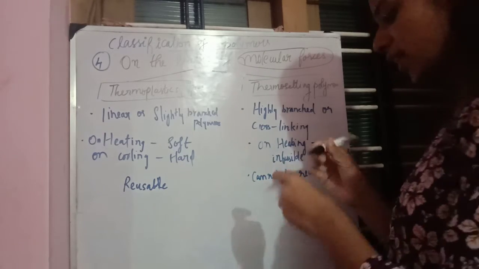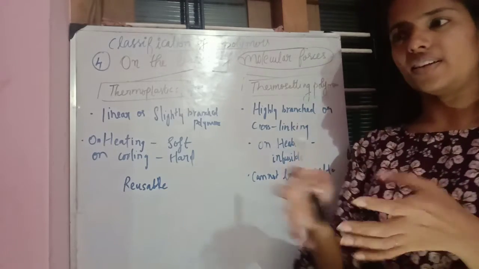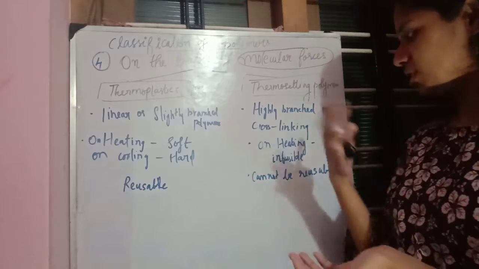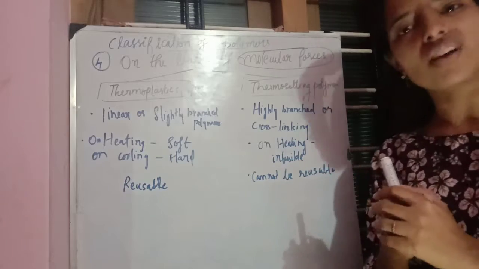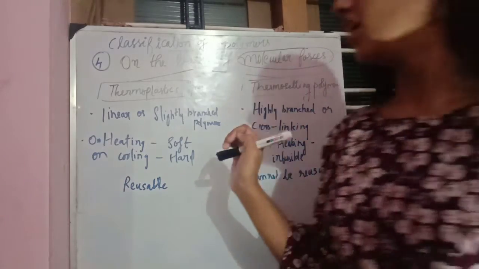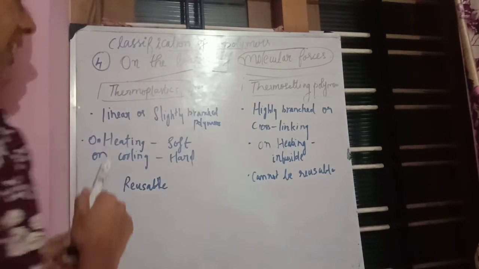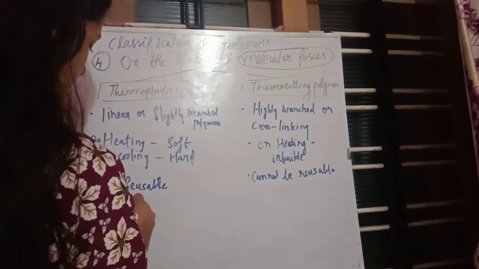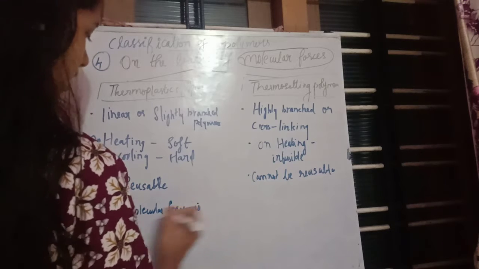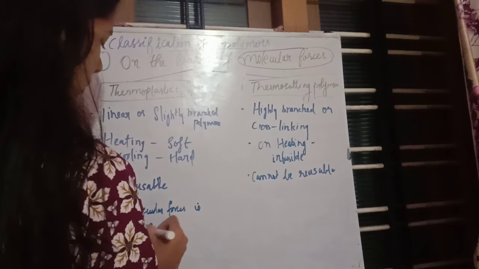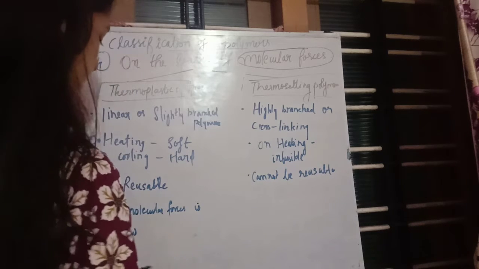Once you heat a thermosetting plastic, it will set. You can get that from the name itself. Once you heat the thermosetting plastic, it cannot be reused again because it becomes an infusible solid mass. Now remember a point: the intermolecular forces of thermoplastic polymers are in between those of elastomers and fibers.